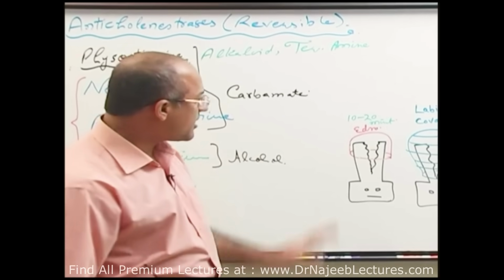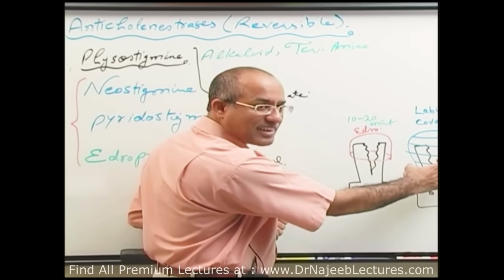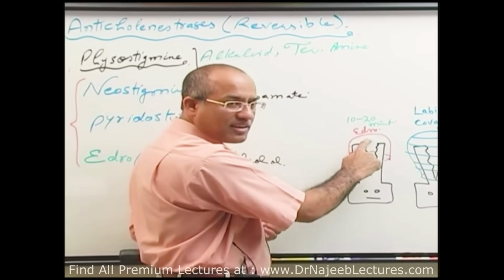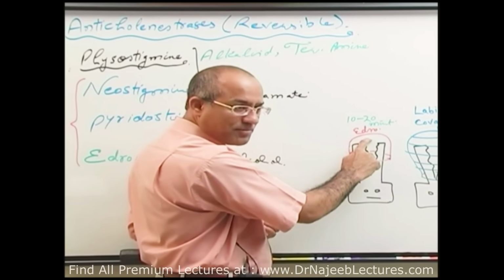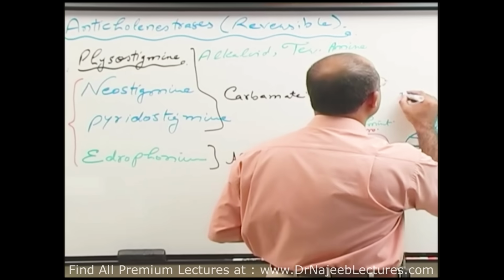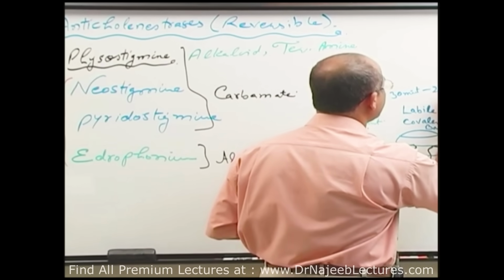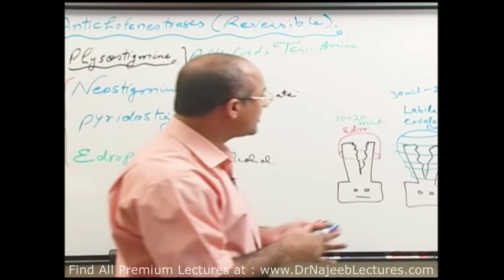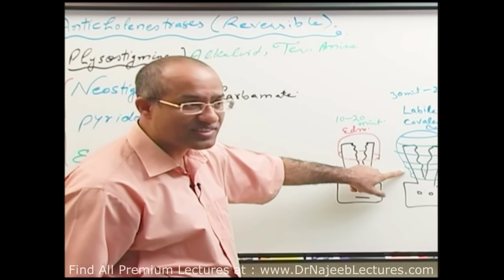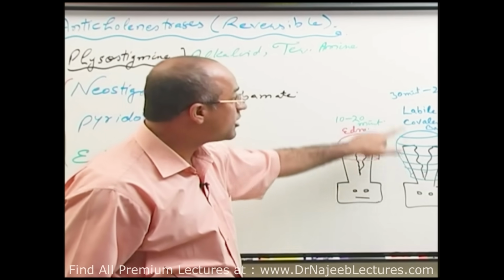Now, edrophonium is very loosely bound. This is a little more tightly bound, so its duration of action will be more than edrophonium. Its duration of action is usually 30 minutes to 2 hours, or with some of these drugs up to 4 hours. These are the drugs which are carbamates. Listen, carbamates make a labile covalent bond.